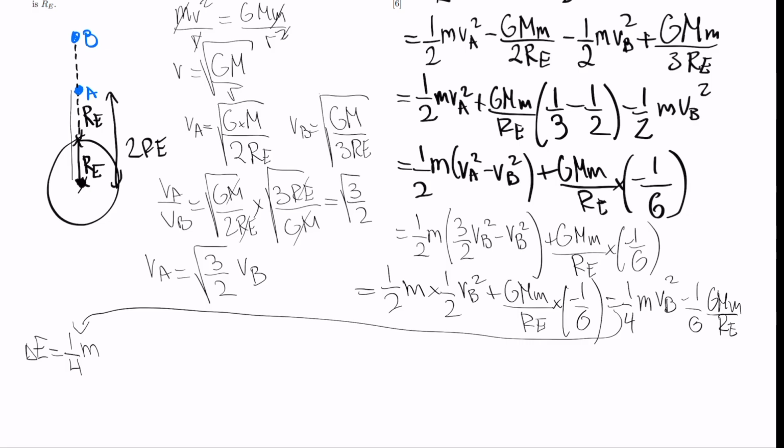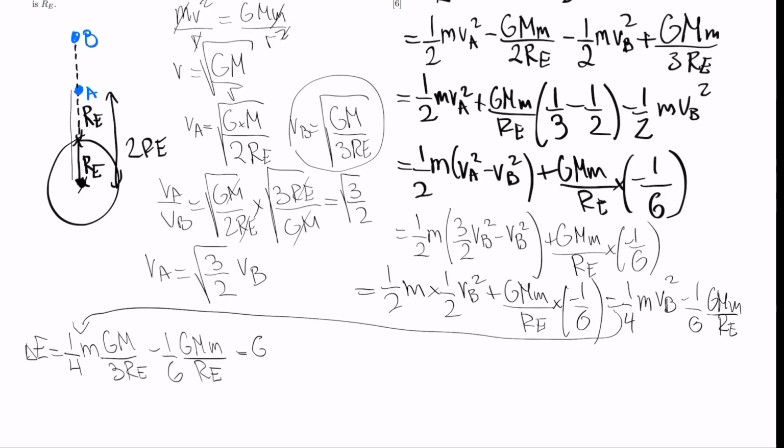Remember, vB was just this expression, square root of GM over 3rE, which means that if we square this, we're going to get a factor of GM over 3rE. Okay, take away a 6th GMm over rE.